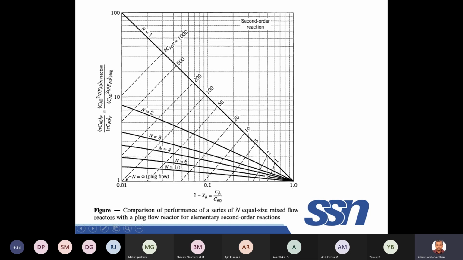For a second order, you get one more extra term, that is CA naught. For a third order, you get CA naught squared. The rest, k tau, will remain. So as k CA naught tau increases, your conversion is going to increase, right?